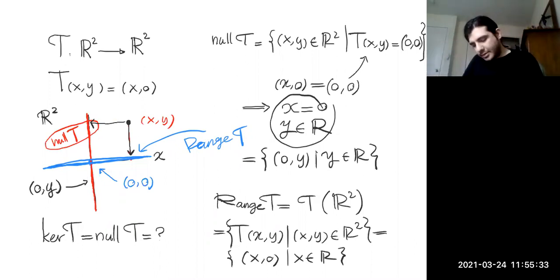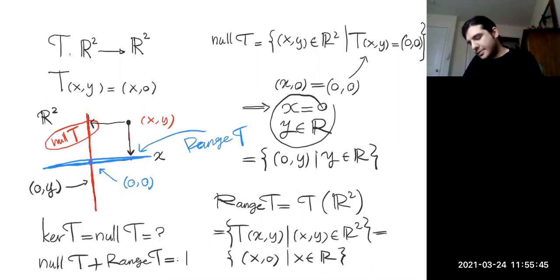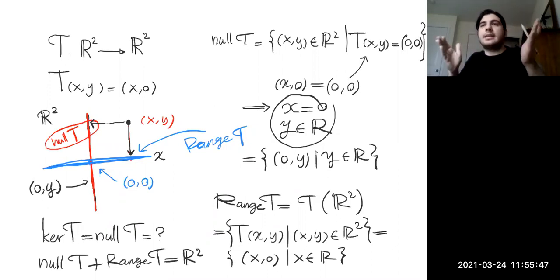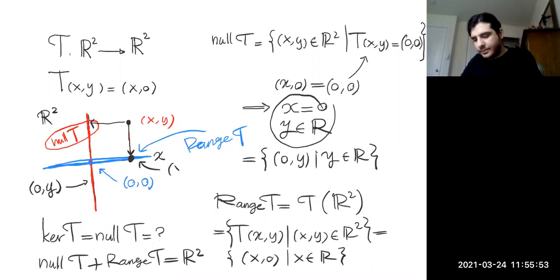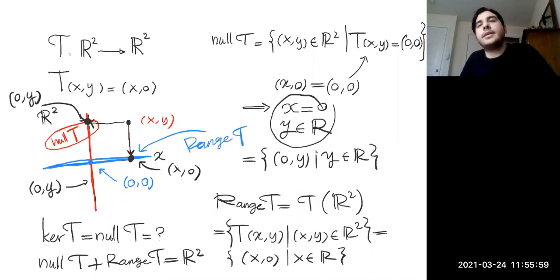So that is correct here. Null of T is the red subspace, the range of T is the blue one. Their sum gives us the whole space, because any x and y can be written as sum of x and 0, which is a point here, and 0 and y, which is a point in the null space.